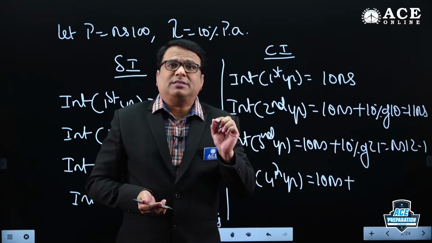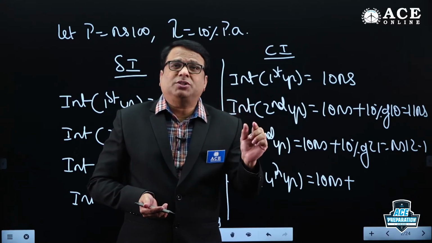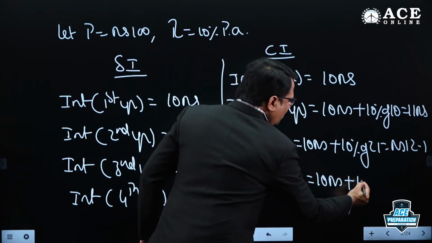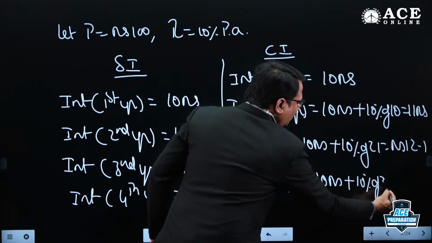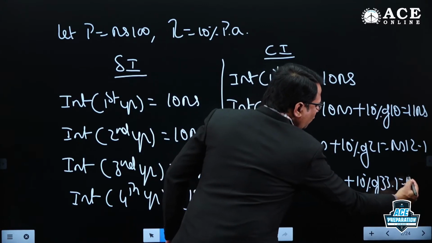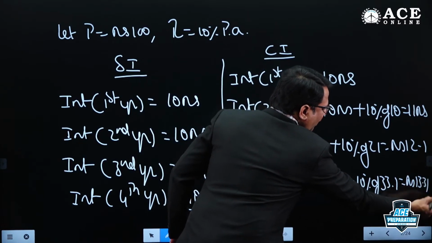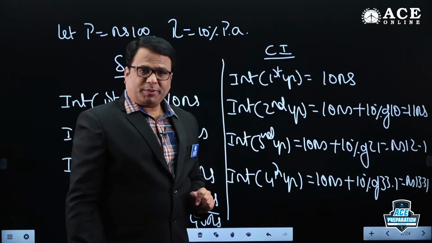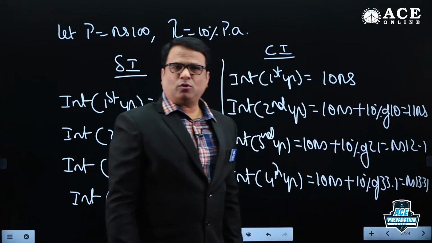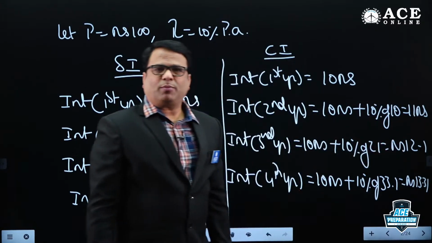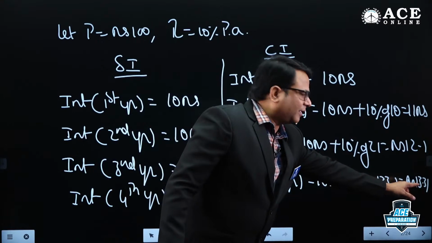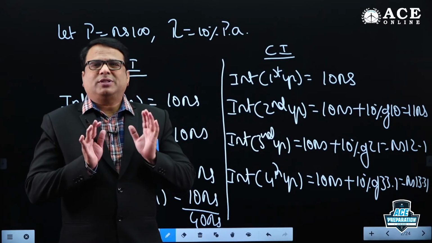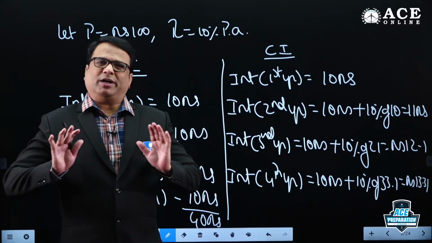Now 10% is charged on this 33.1. So plus 10% of 33.1, and that is equal to rupees 13.31. So first year interest is 10 rupees, second year interest is 11 rupees, third year interest is 12.1, fourth year interest is 13.31.